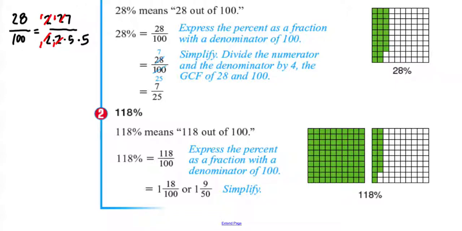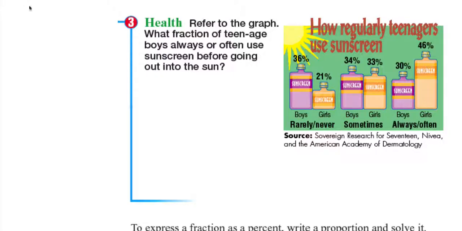Let's take a look at example number 3. Refer to the graph. What fraction of teenage boys always or often use sunscreen before going out into the sun? So this is our graph. It's a pictograph actually. You have 36% of boys rarely or never use sunscreen, 34% sometimes, and 30% always or often.